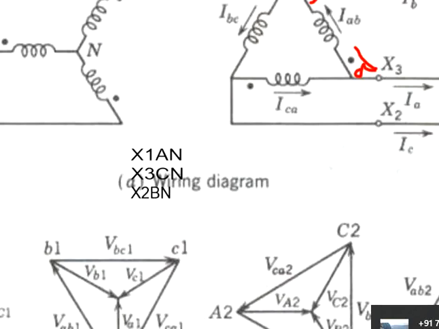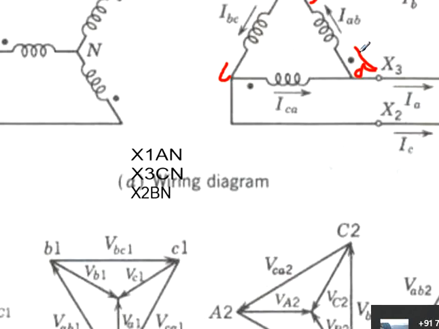So what you assume as the current terminals is very important on the secondary side. Now let us say, as per the book, I assumed that the current is entering here. You can assume that the current is entering here also.